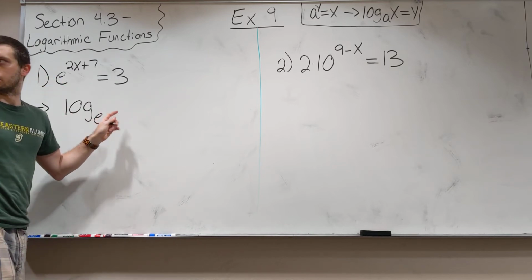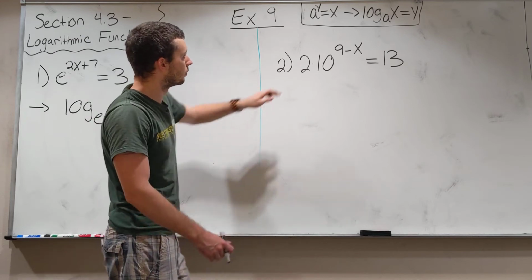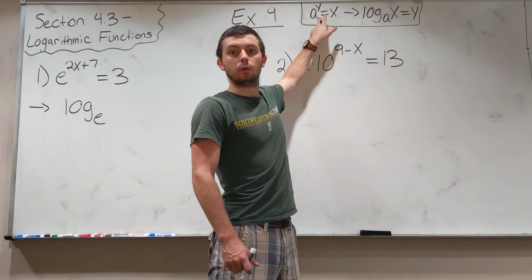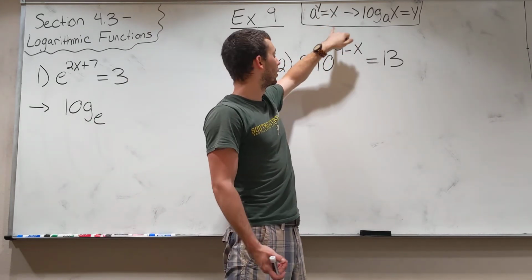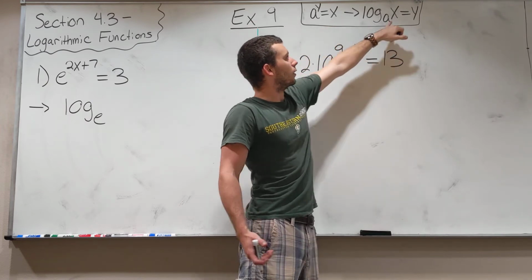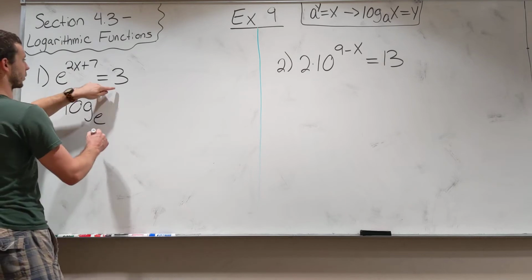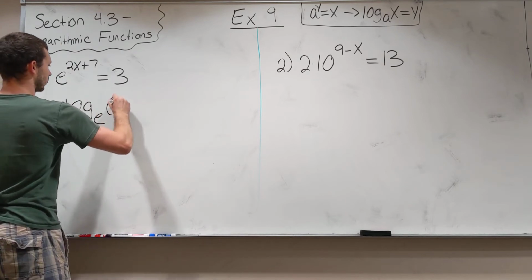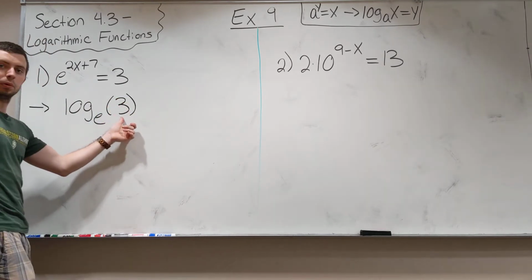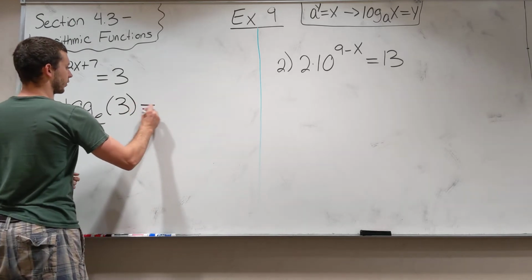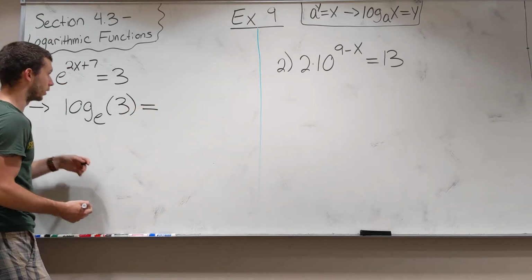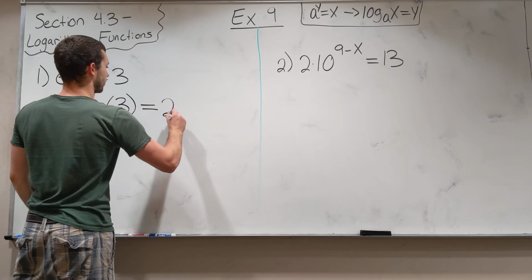The next number is what the whole exponential is equal to. Here it's x, and then the 3 is what the logarithm is evaluating. And then all this is equal to whatever the exponent was, that is the 2x plus 7.